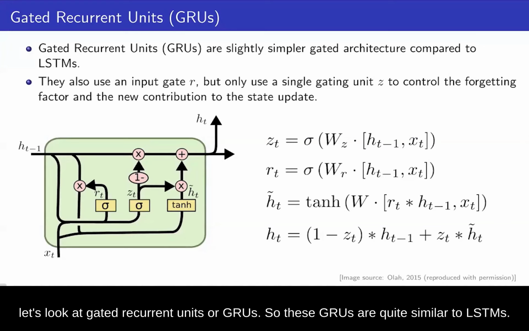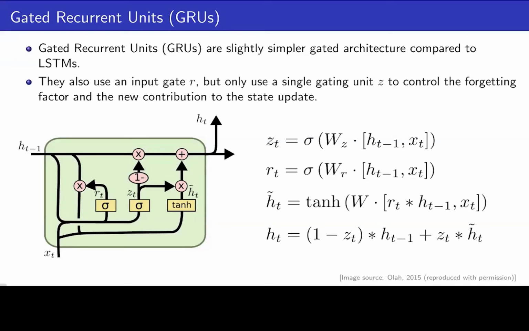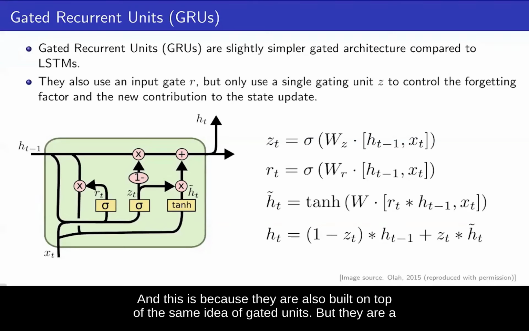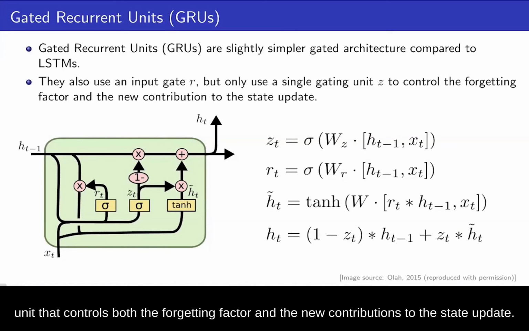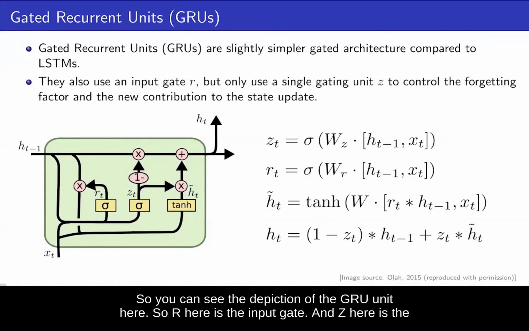So these GRUs are quite similar to LSTMs. And this is because they're also built on top of the same idea of gated units, but they are a little bit simpler. And this is because they use an input gate and they only use a single gating unit that controls both the forgetting factor and the new contributions to the state update. So you can see the depiction of the GRU unit here.